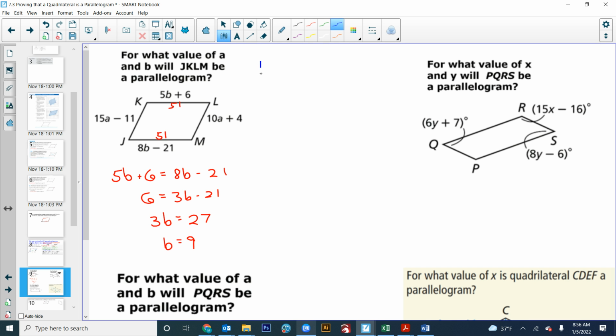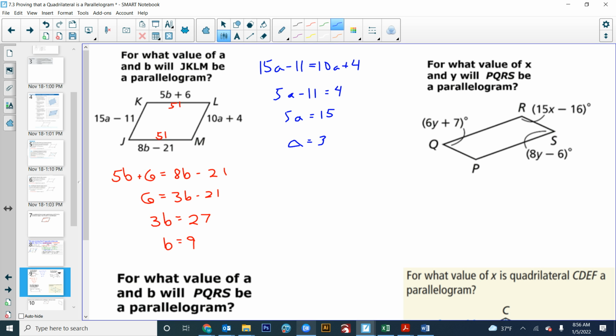Next, we got to deal with the A's. 15A minus 11 equals 10A plus 4. Subtract 10A from both sides. I'm getting A equals 3.